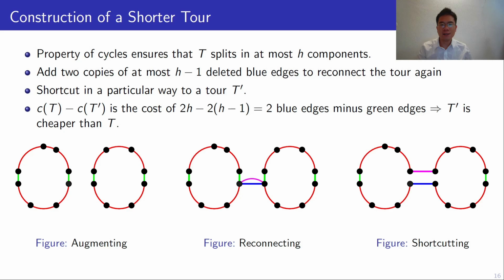Therefore, T has at least 2 more blue edges than T prime, but instead T prime contains the green edges, but we have seen on the last slide that the green edges are cheap. Therefore, T prime is cheaper than T because T contains the 2 extra blue edges and they dominate the cost.